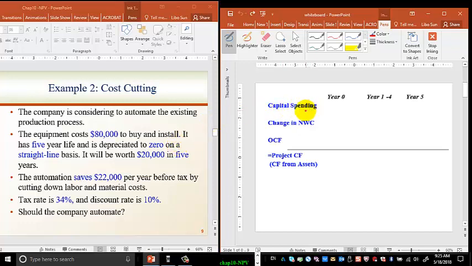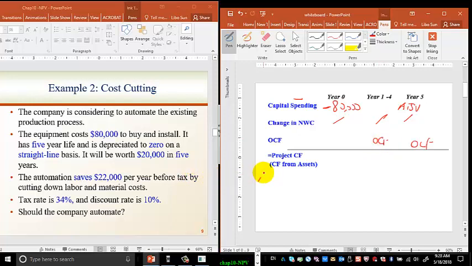Capital spending, buy and sell machines. The machine costs $80,000, and will be sold for $20,000 in year 5. So we're going to write down that this requires an ATSV calculation. There's no change in net working capital in this question. And let's figure out OCF from year 1 to year 5.